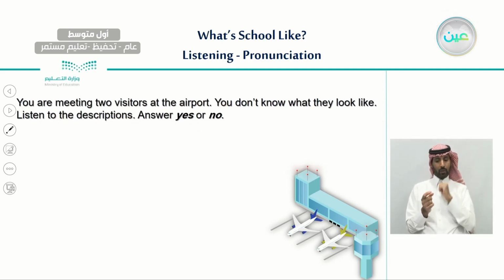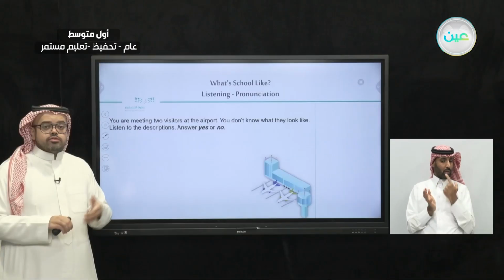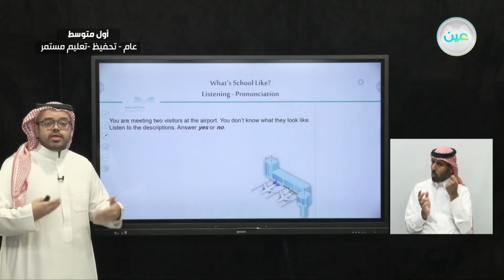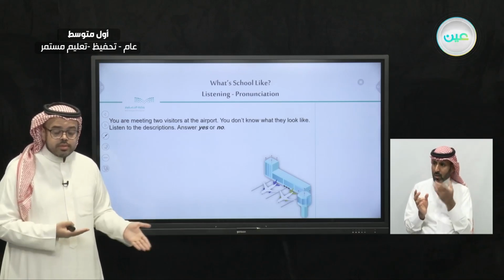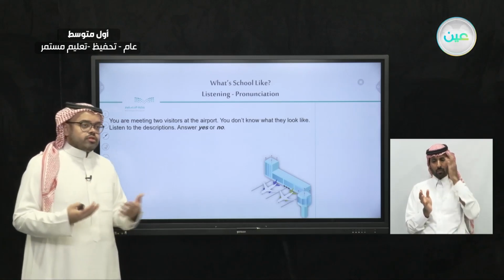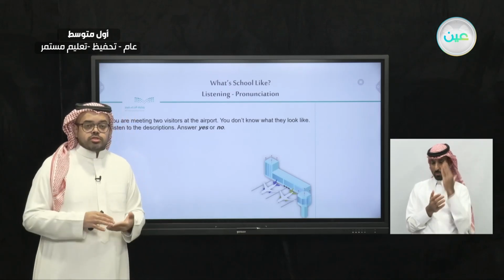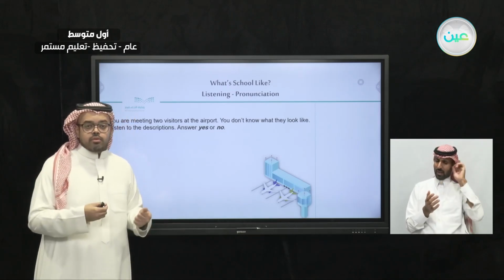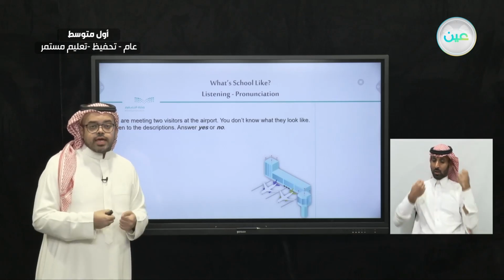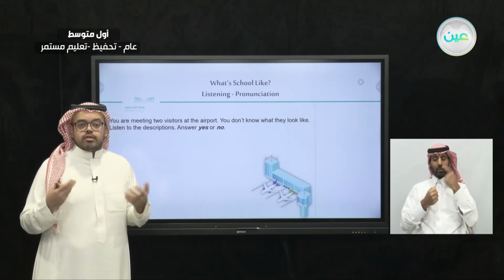So imagine that you are at the airport and you are supposed to meet two new visitors. What you need to do is to listen to them describing themselves. For example, if someone said, hi, I am tall, I am short, I have black hair, I have brown hair, I wear a red jacket, I wear a blue jacket, and so on.